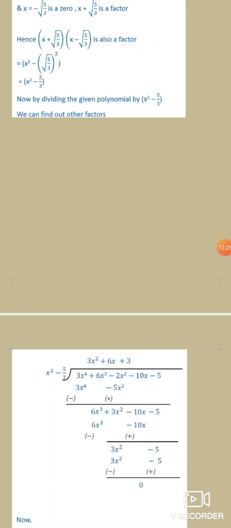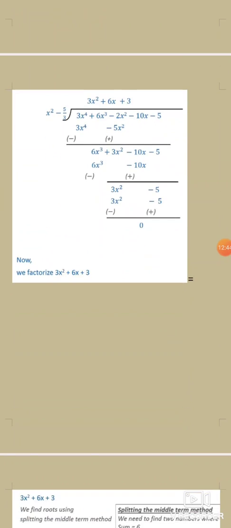Now here we need to find out 2 more zeros. For that we need to factorize the quotient part. So 3x square plus 6x plus 3, we need to apply splitting middle term. After that we need to find out the remaining 2 more zeros. Listen carefully.